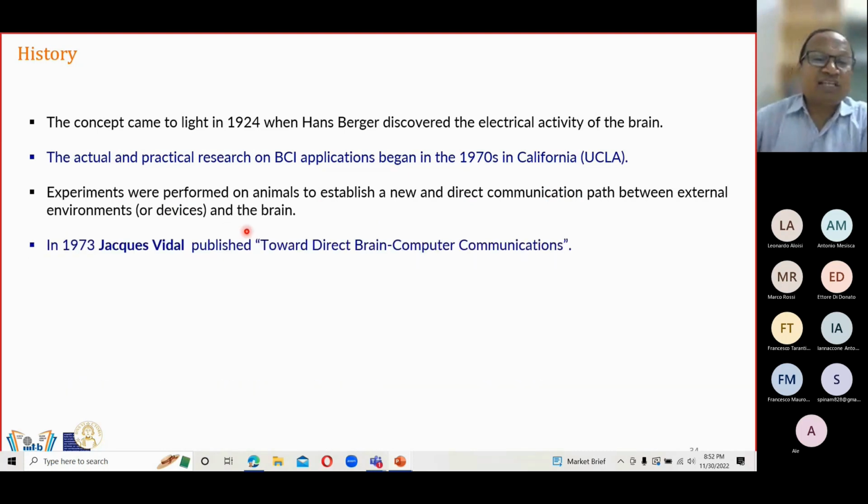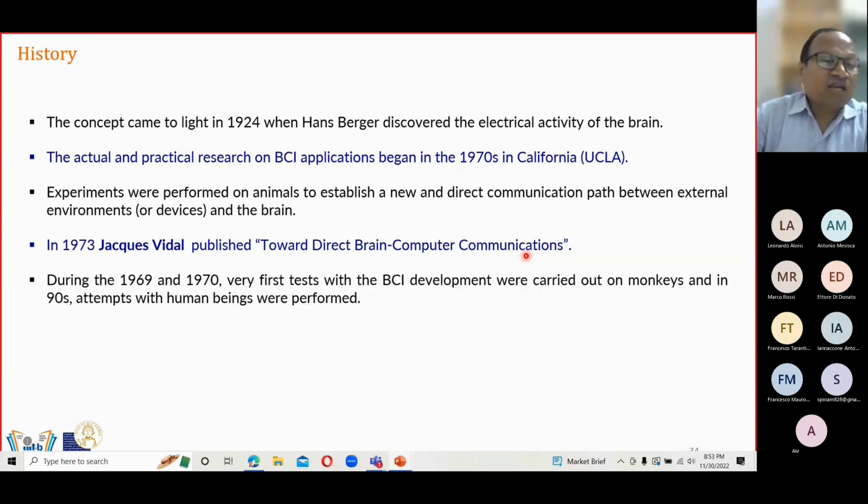So in 73, Jacques Vidal published a paper. The very first paper on BCI was published with the title Toward Direct Brain Computer Communication. So you can see that in 1973, a first-of-its-kind article with a relevant title was published.